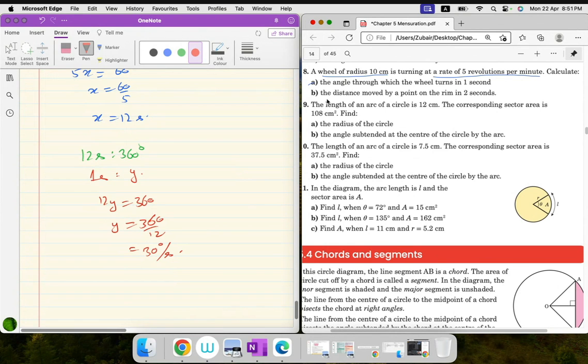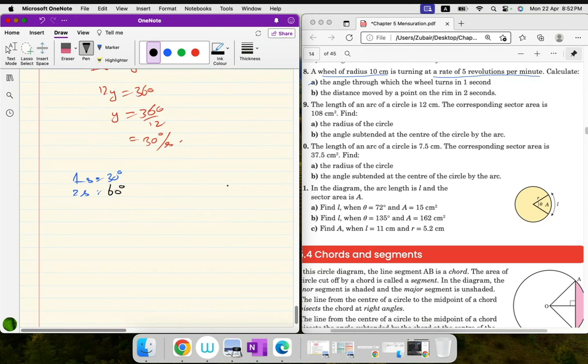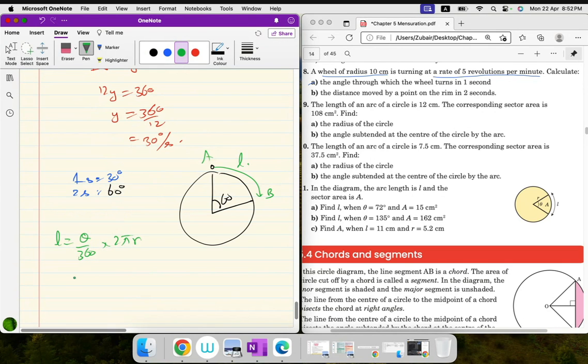And B part clearly says the distance moved by the point on the rim in 2 seconds. We know 1 second shows 30 degrees, so we can directly write 60 degrees in 2 seconds. The point is moving from this position to this position, and we find this arc length. Arc length is angle by 360 into 2 pi r.